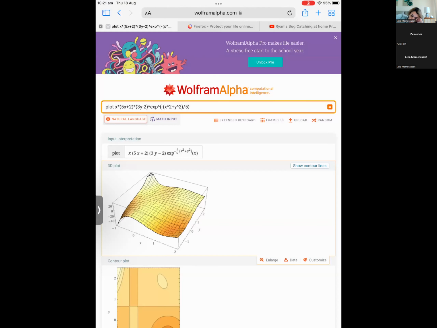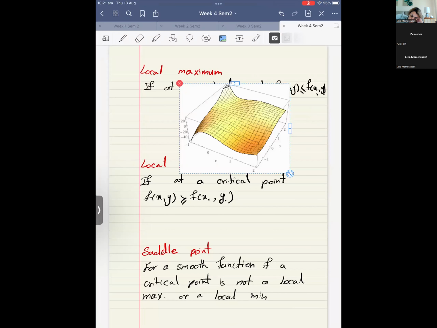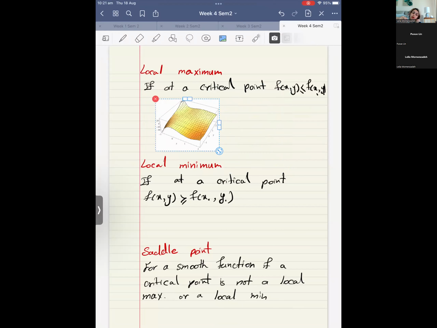I copy this one and paste it here. You can see the maximum, the local minimum, and look at this point. It looks something like this: not a maximum, not a minimum, but it is a critical point. I can call this one a saddle point.